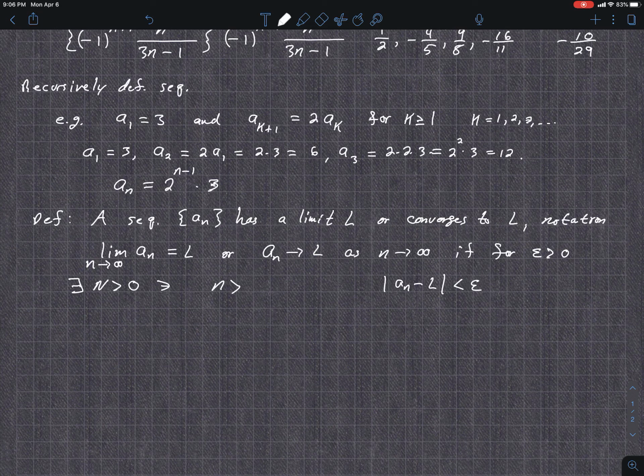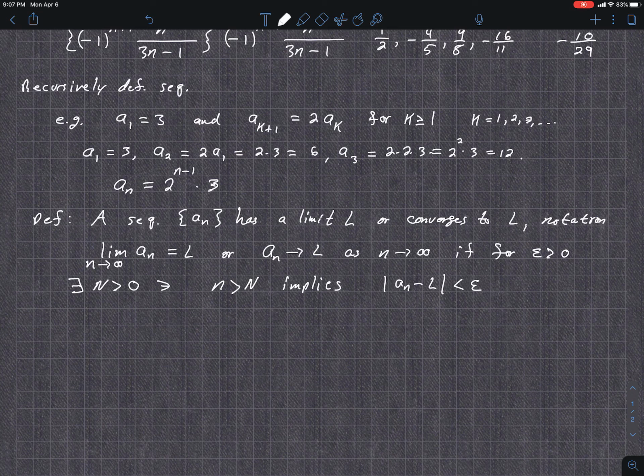Usually, they may reverse that in the book, but it's n greater than capital N implies that the absolute value of A sub n minus L is less than epsilon.